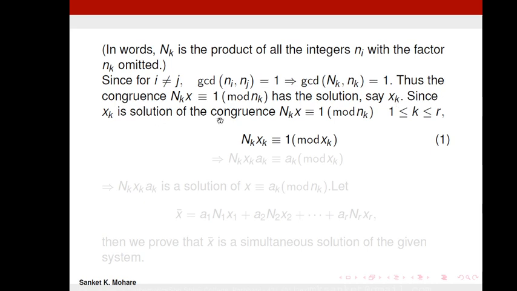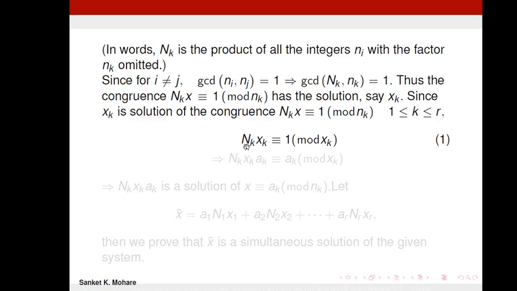Since xk is a solution of the congruence Nk x congruent to 1 modulo nk, where k lies between 1 and r, then Nk xk is congruent to 1 modulo nk.